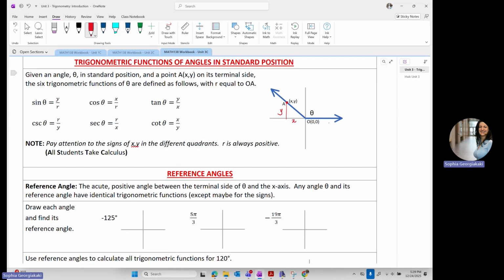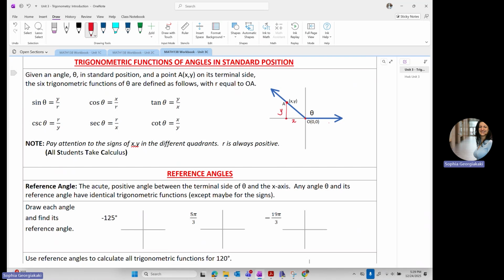And the x coordinate will be from the origin to wherever our vertical line segment hits the x-axis, and it will be positive in quadrants 1 and 4 and negative in quadrants 2 and 3. Pay attention to the signs of x and y in different quadrants.